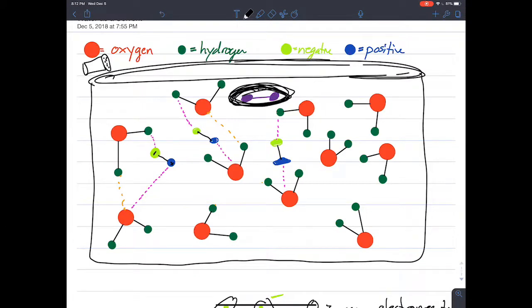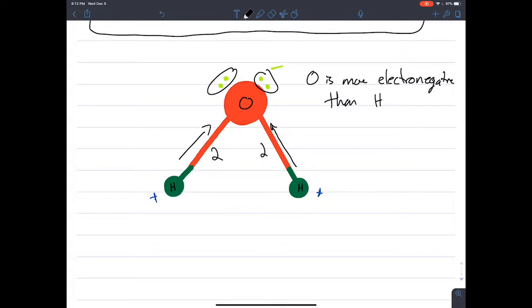So you need a polar molecule to be dissolved in water because water is a polar solvent, and it's polar because you have this negative end and this positive end. And if you want something else to be interacting with a water molecule, then you need a positive end and you need a negative end so that they can form these interactions.